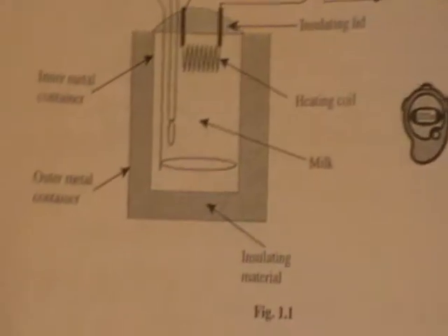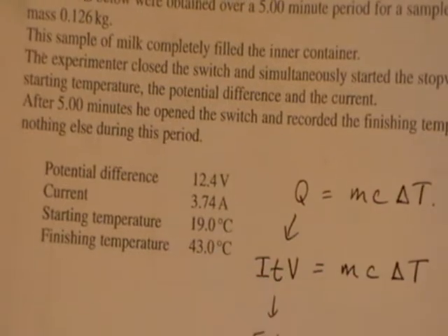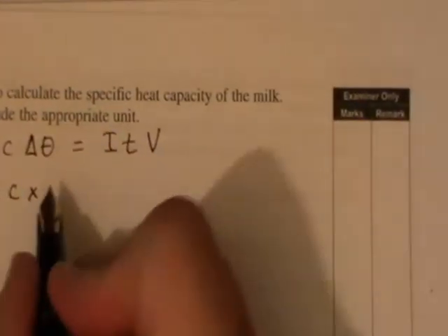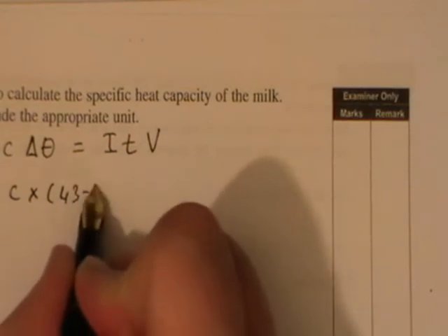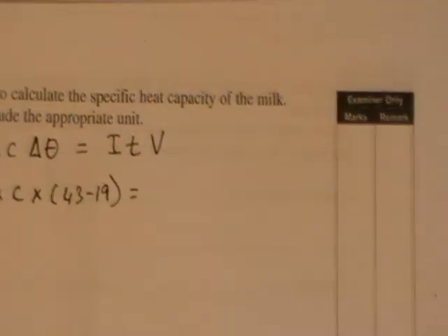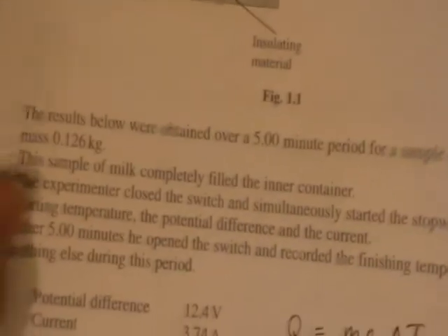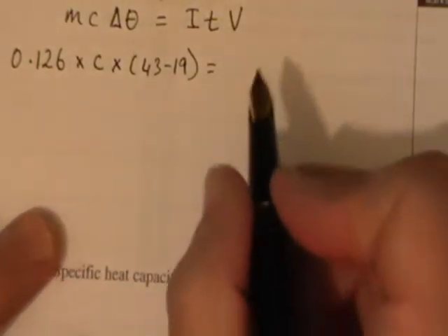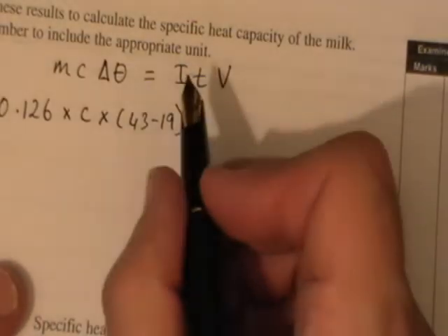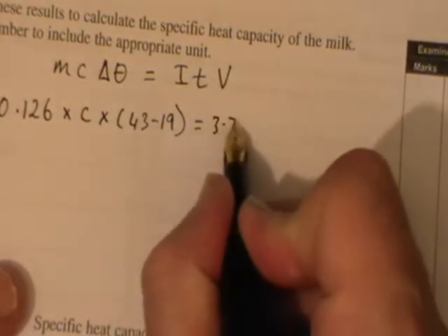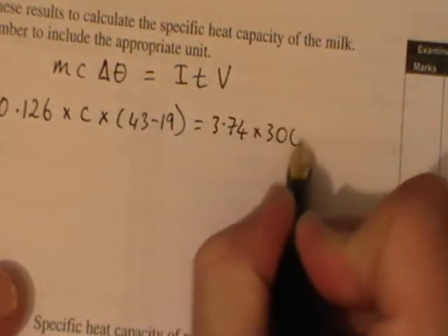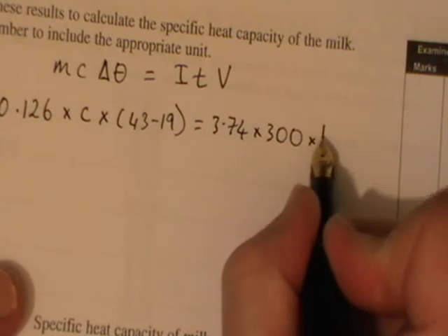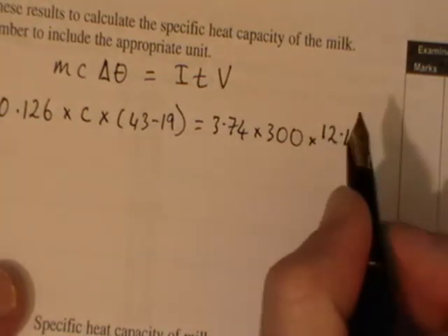Well, it went from 19 to 43, so the temperature change is 43 minus 19. And the current was 3.74 in 5 minutes, so filling in our current, that's 3.74 times 300 seconds times the voltage, which was 12.4.